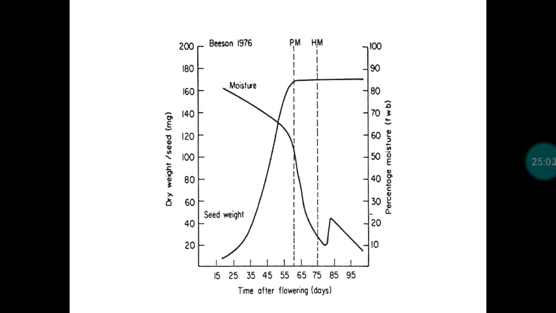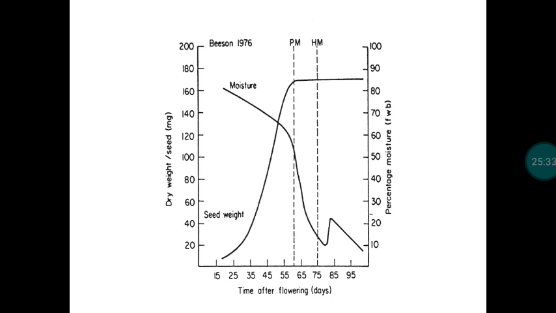Previously we didn't have any instruments for drying to reduce the moisture content, so in the early days farmers maintained the crop up to harvestable maturity and then harvested. Now we have well sophisticated instruments for drying. With their help we can harvest the crop at physiological maturity, then reduce the moisture and safely remove the seed from the mother plant.